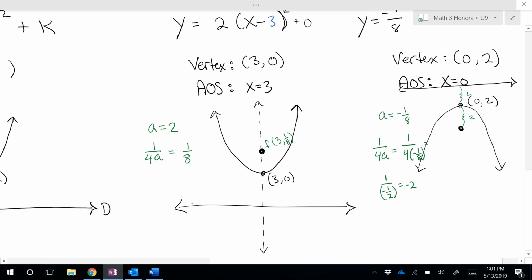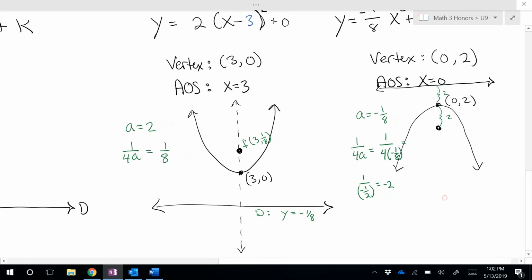What would the equation of my directrix be? x equals or y equals? y equals, and it's the height of your y value. So right here, the y value is 0, and I'm going down 1/8, so it would be y equals negative 1/8. Good. All right.